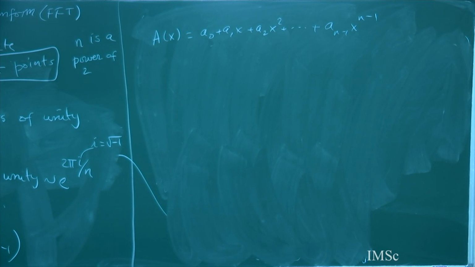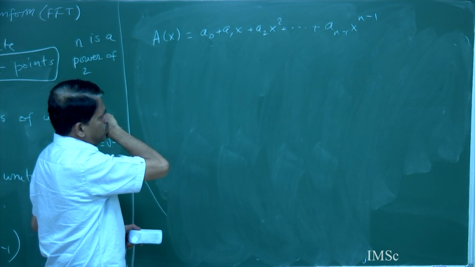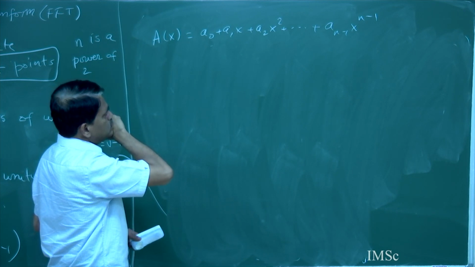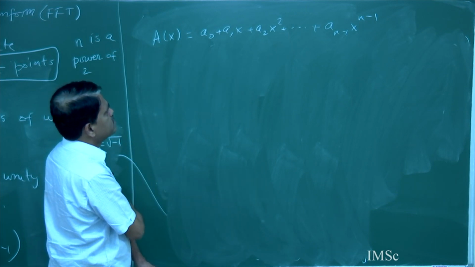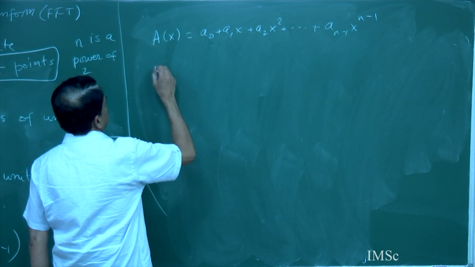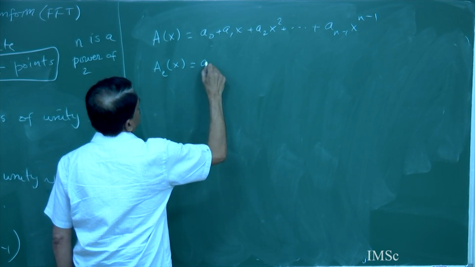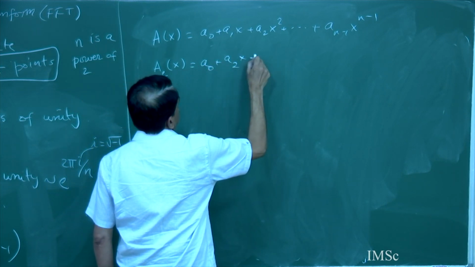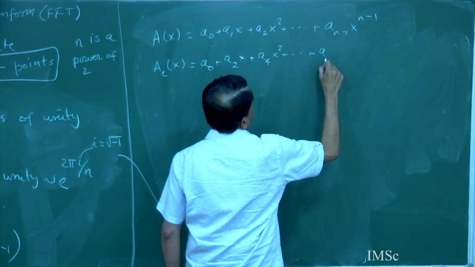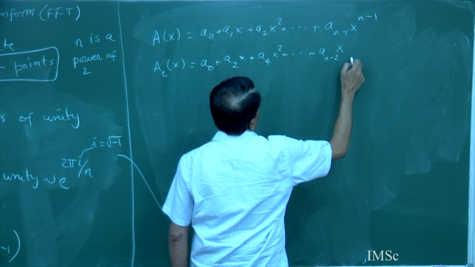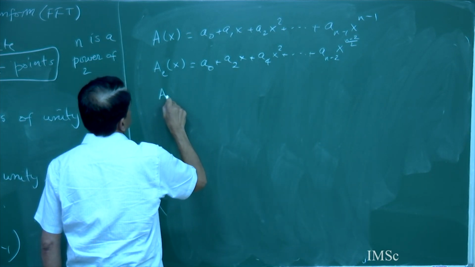So we're going to assume n is a power of 2. Or n minus 1 is a power of 2, we'll see what I needed. So let me pick up the even coefficients, and the odd coefficients.